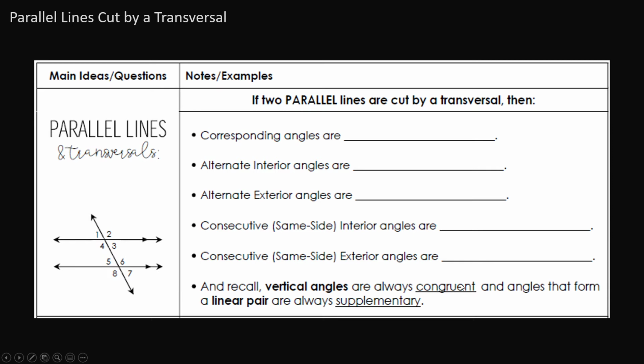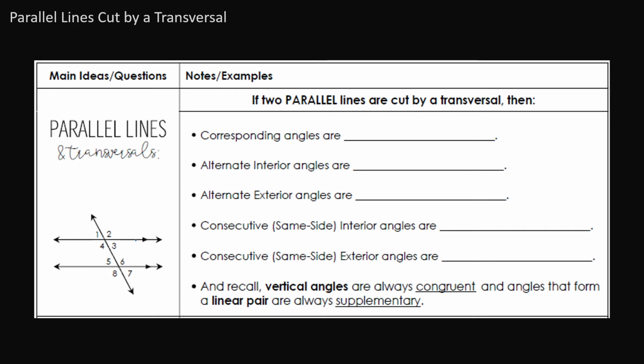All right, now let's look at parallel lines. When parallel lines are cut by a transversal, a lot of pretty interesting things happen here. So we have a diagram shown, and I've got angles 1 through 8 again. Notice that we have two lines that are parallel based on these arrows.